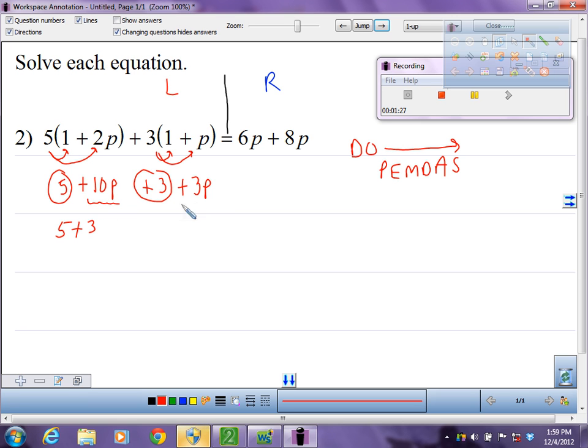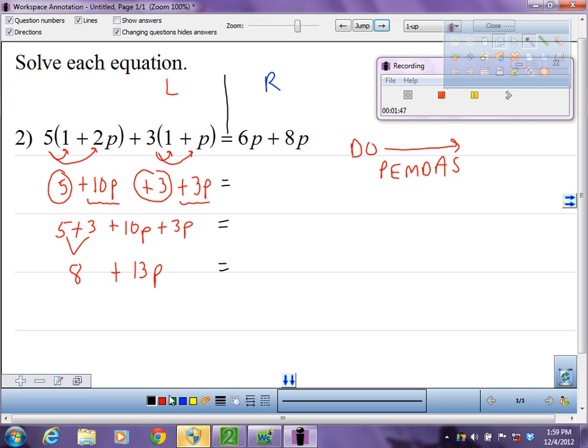This one and this one, they're both p terms. I have 10p and I have 3p. So therefore I have 5 and I have 3 becomes 8. I have 10 and I have 3, so I have 13p. And if I look at those two terms together, they're different terms, so I cannot put them together anymore.